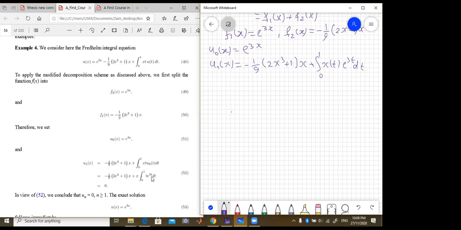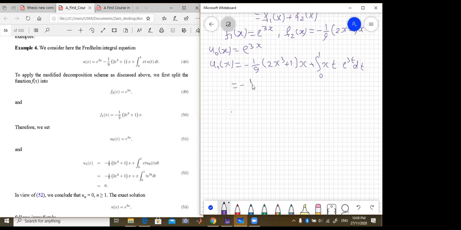So now I will compute this integral. Actually, this is not x of t, this is just x times t, times this.